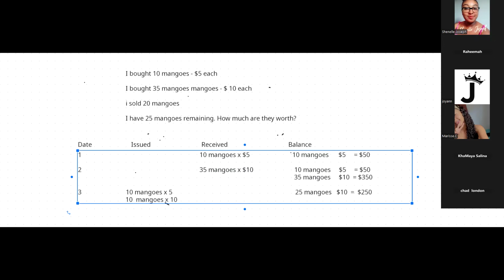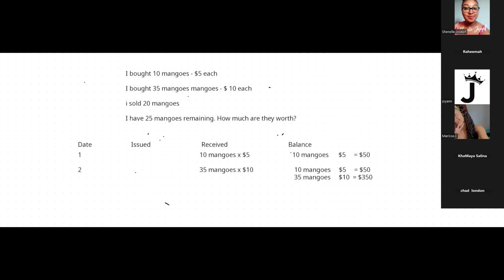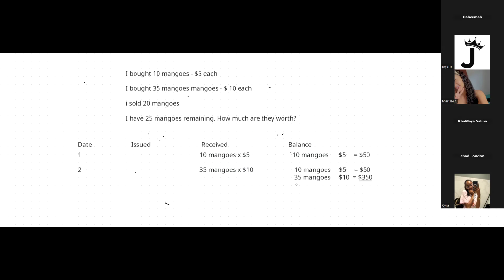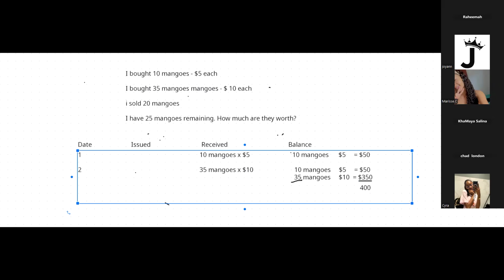To calculate the average cost, it's total cost divided by total units. So when I bought those 35 mangoes, the total cost for all of my mangoes would have been 50 plus 350, which is 400, and the total amount of mangoes would be 35 plus 10, which is 45.